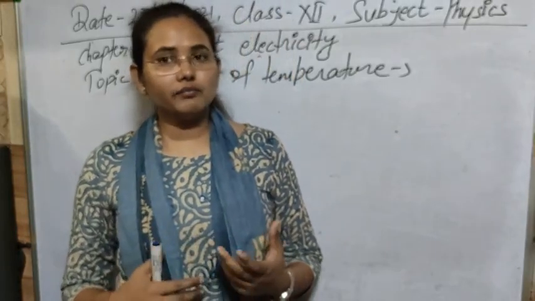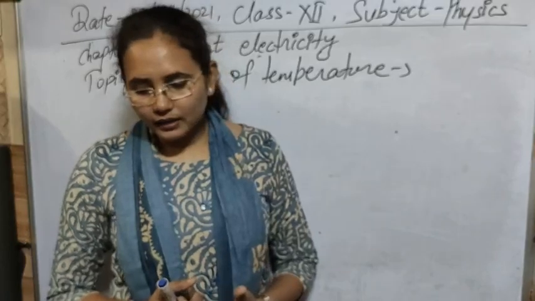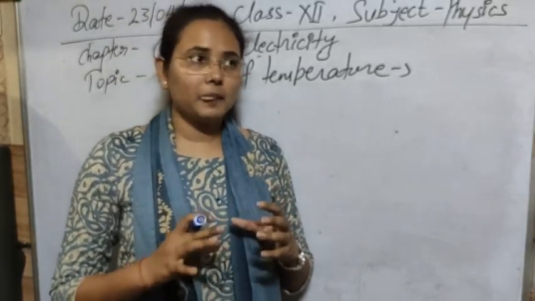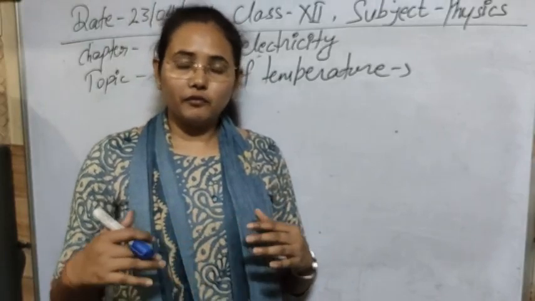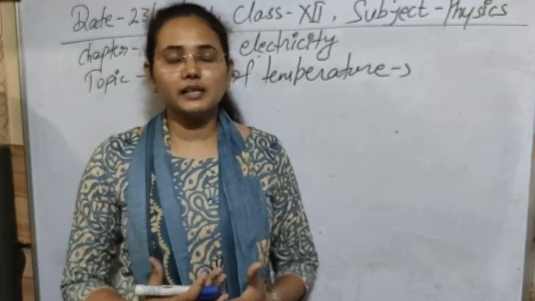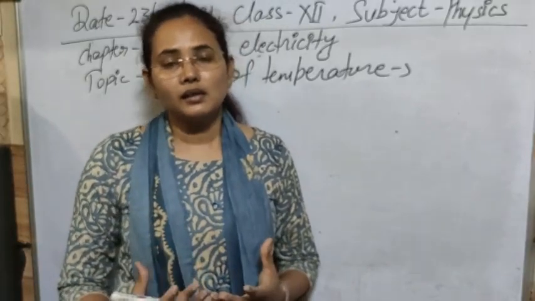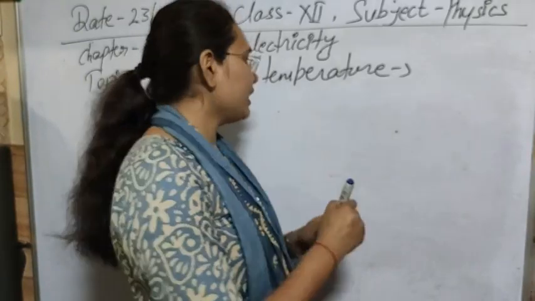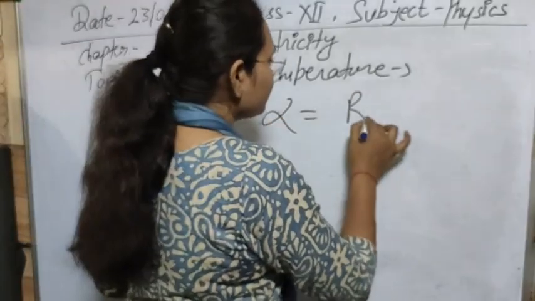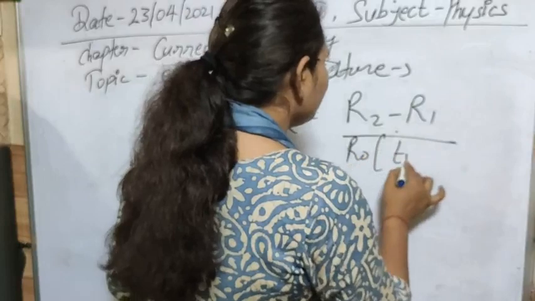So what is the benefit of a small alpha? It means there will be very small change in resistance for a great change in temperature. Alpha represents how the resistance changes with temperature, like the formula I just wrote: alpha is equal to R2 minus R1 over R0 times T2 minus T1.